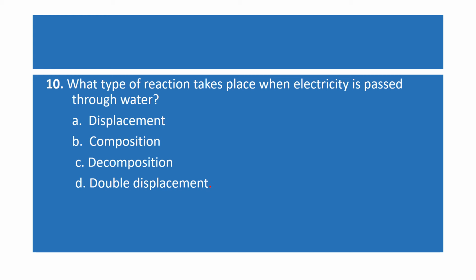It is the electrolytic decomposition in which you learn the reaction, that is H2O gives H2 plus O2. This reaction is decomposition reaction. So this option is correct, which is C.